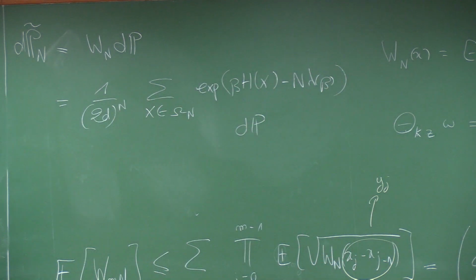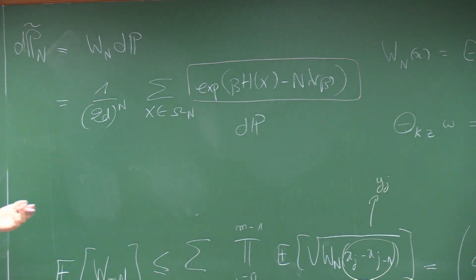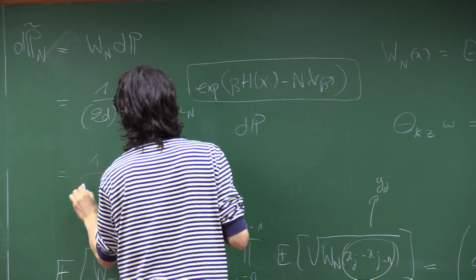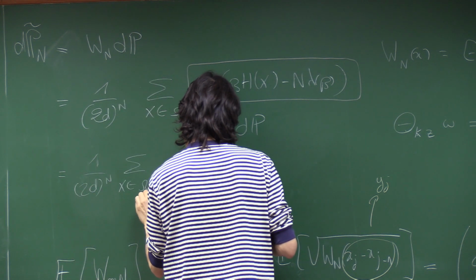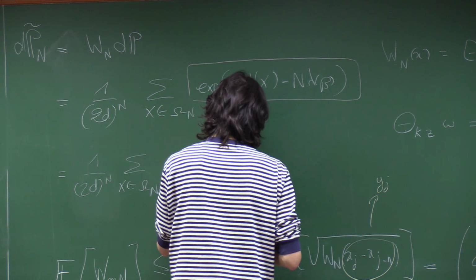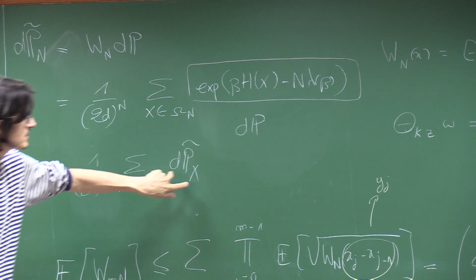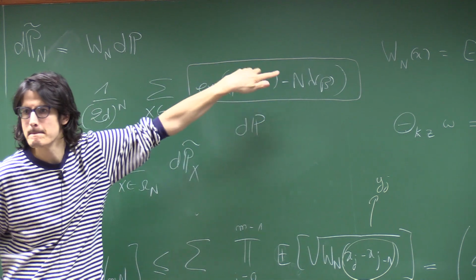Now the point is, if you fix x, this thing has expectation 1, so you can consider this as a probability density. So really, dpn is 1 over 2d to the n sum over x in omega n of dpx, where this is a probability whose density with respect to p is this thing.